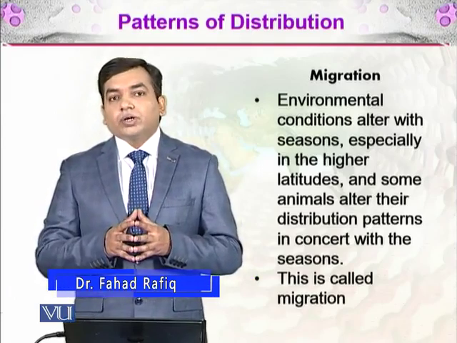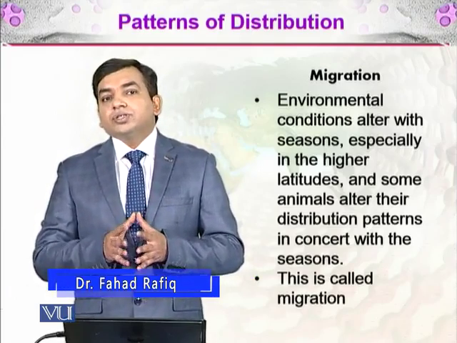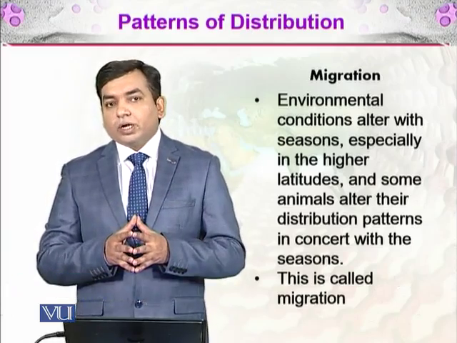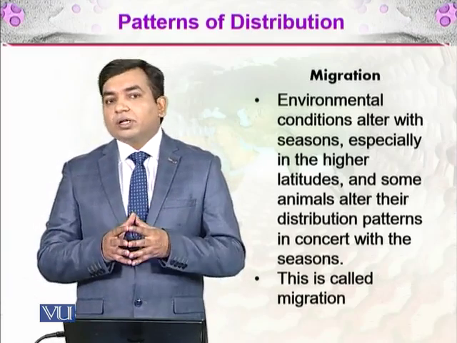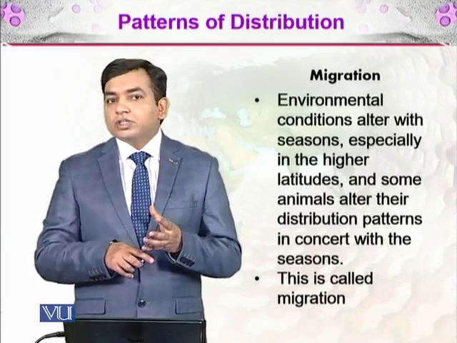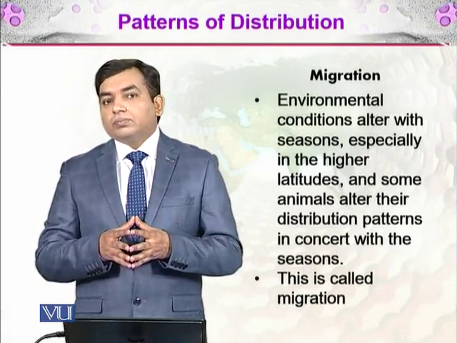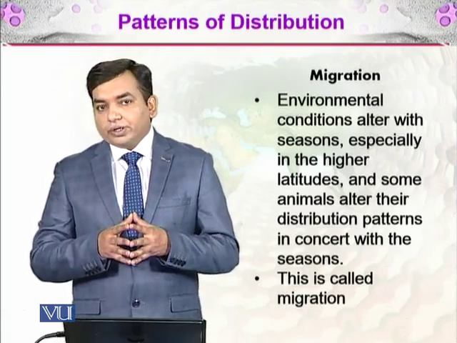If you are on the equator, the conditions will remain the same throughout the year. If you are in a tropical rainforest, there will be high temperatures and more and more rainfall all over the year.